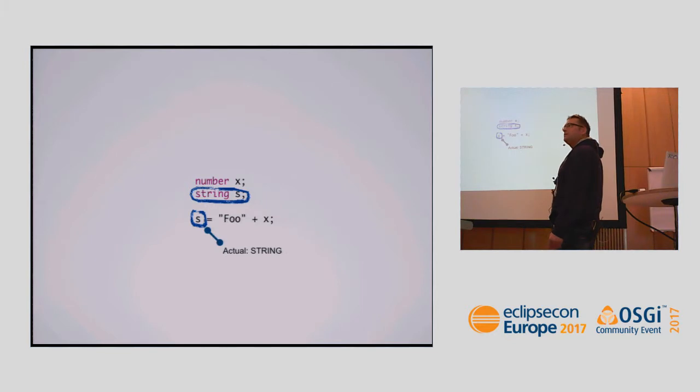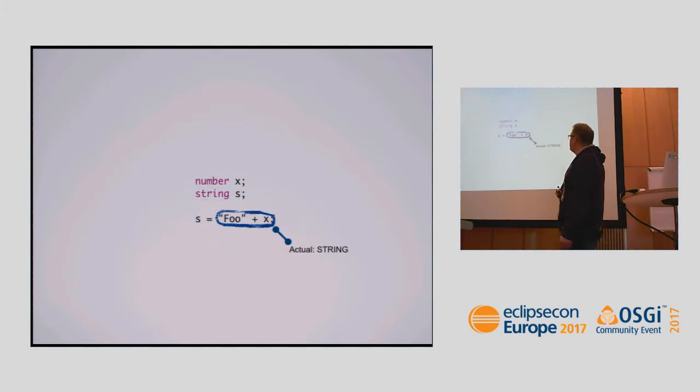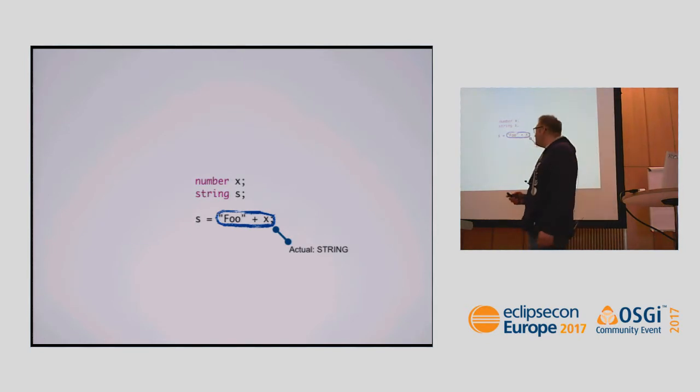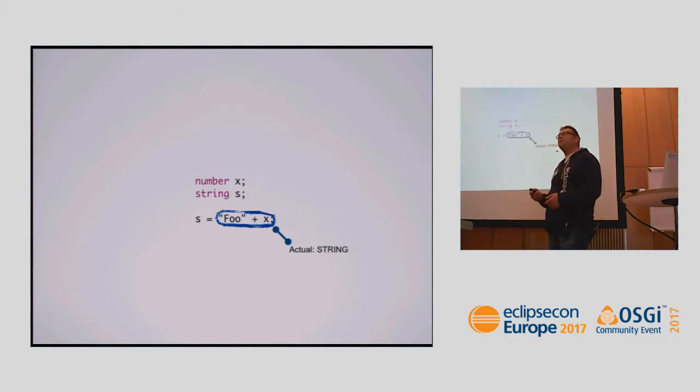This here is also a string because the left side is actually referring to a variable. These are the actual types. And also the actual type of this operation is string because on the left side of a plus operation is a string, then the overall expression will be a string. So this is what your type computer has to implement.